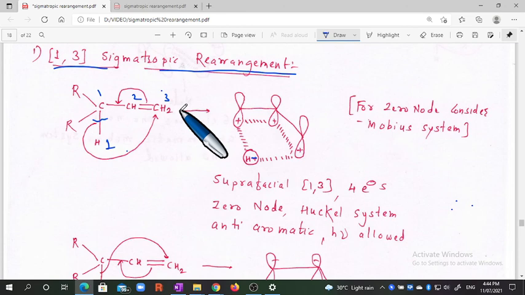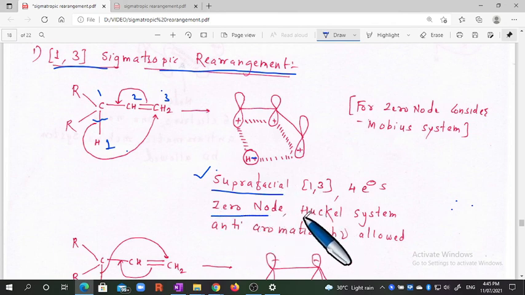First we consider it as a suprafacial one. There are two modes of migration: first is suprafacial and the second is antarafacial. We will discuss the first type, suprafacial. Already we have discussed that if suprafacial, it has no node and it is considered the Huckel system.